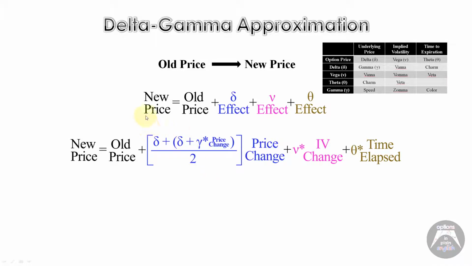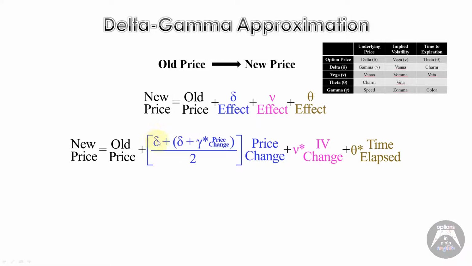So we're going to assume that the change in price took place all the way from here to here. So basically, if the change was $10, instead of using only the delta at the beginning or only the delta at the end, we average out the two, and now we know we have a pretty good approximation as to what the effect is going to be on our option price, and therefore what our profits are going to be.